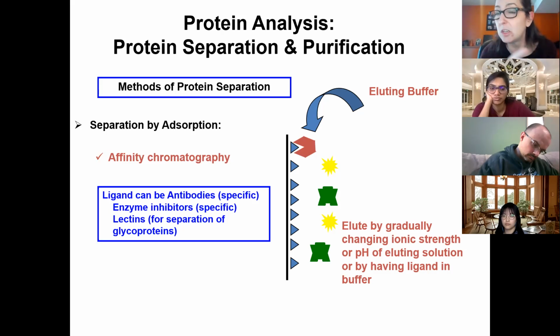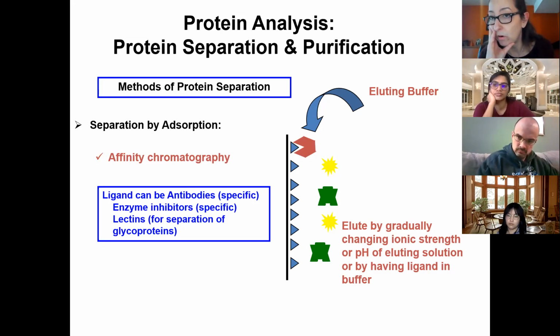So you kind of weaken the interactions, and then that particular protein can elute. Or sometimes you add the specific functional group that is on the column to the mobile phase and also cause that particular protein to interact with your solvent or mobile phase moving down the column.